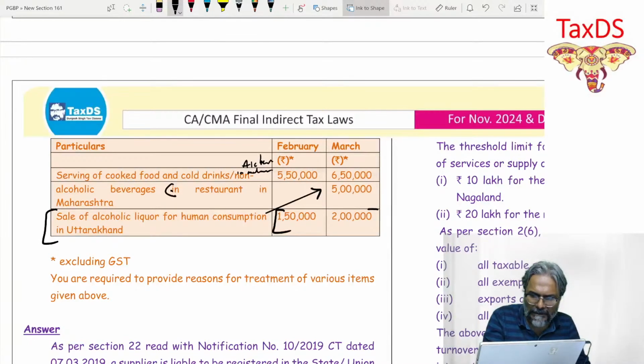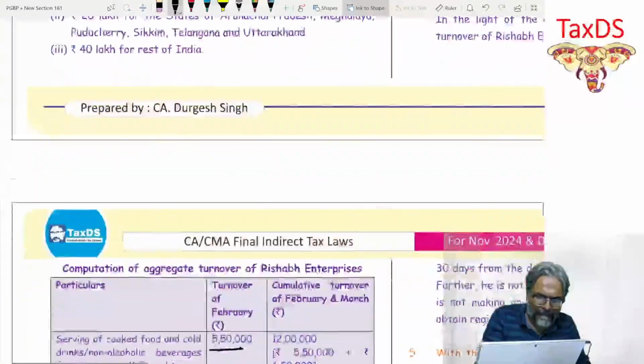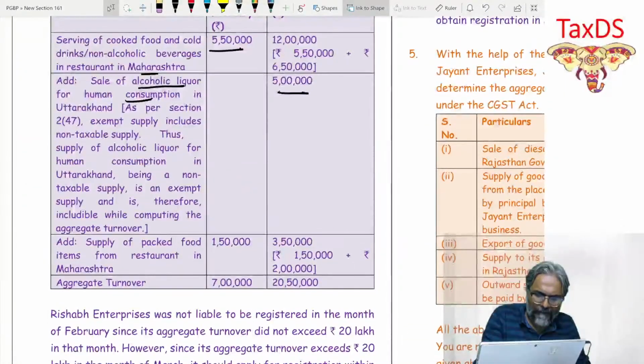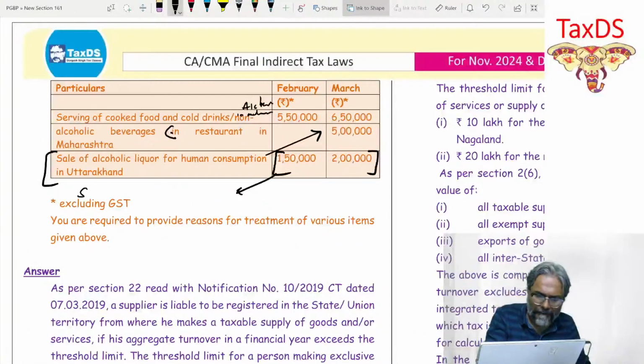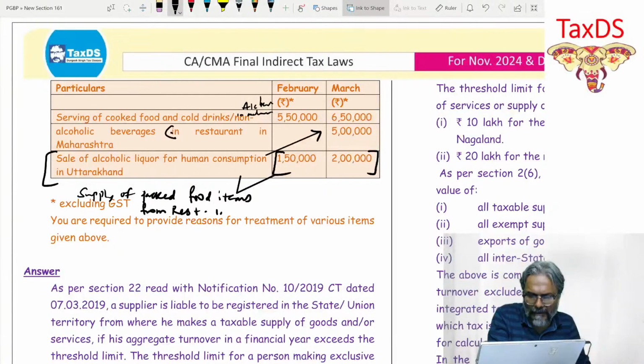Now we can see supply of packed food items from restaurant in Maharashtra. Please add to this one. So this is how it would be.